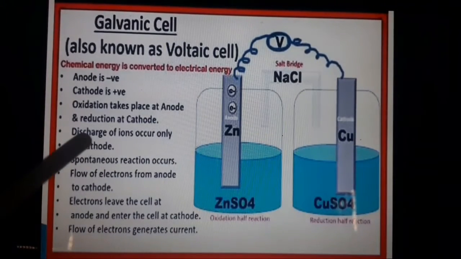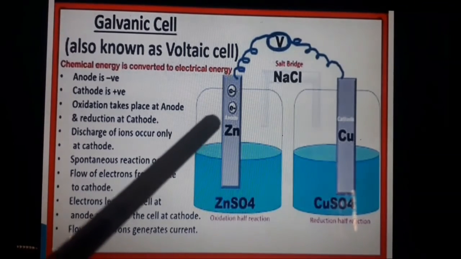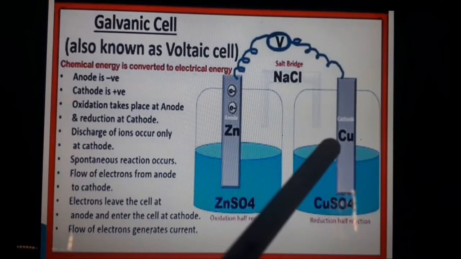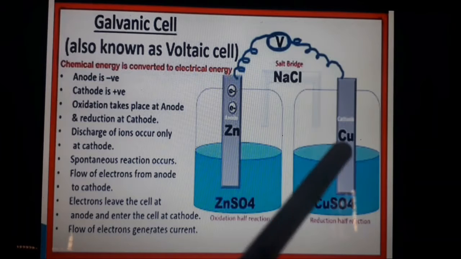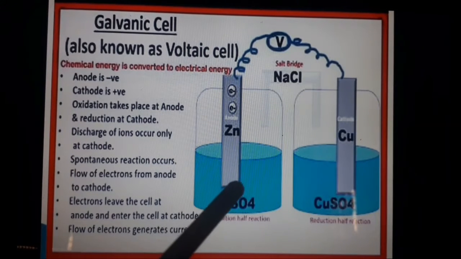Okay. Now, during discharge, oxidation takes place at the anode. Anode is a positive electrode. Here oxidation occurs, and then at the negative electrode, reduction occurs. This is the spontaneous reaction, flow of electrons from anode to cathode.